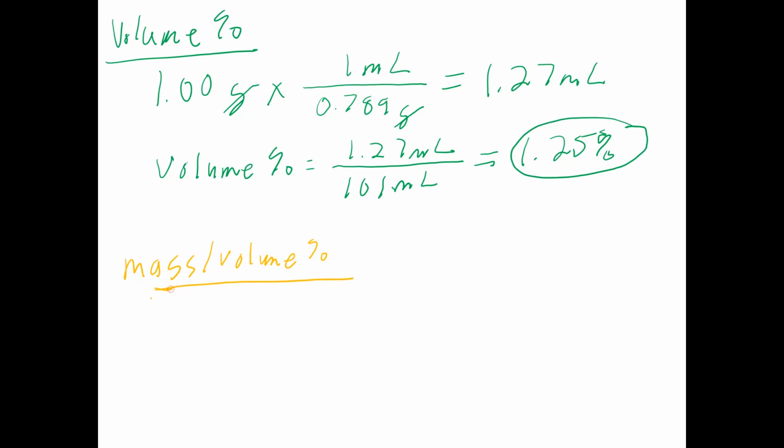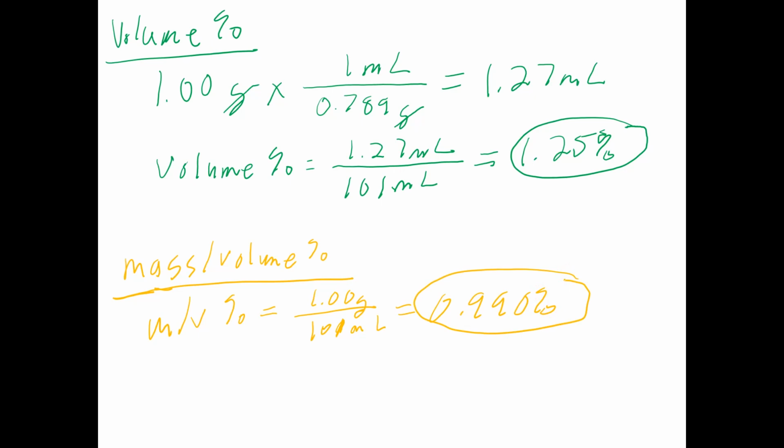So we can abbreviate mass volume percent as M over V. So the mass of ethanol is 1 gram, and the volume of the solution is 101 milliliters. So if we divide 1 by 101 and then multiply by 100 to make it a percentage, that comes out to 0.990.